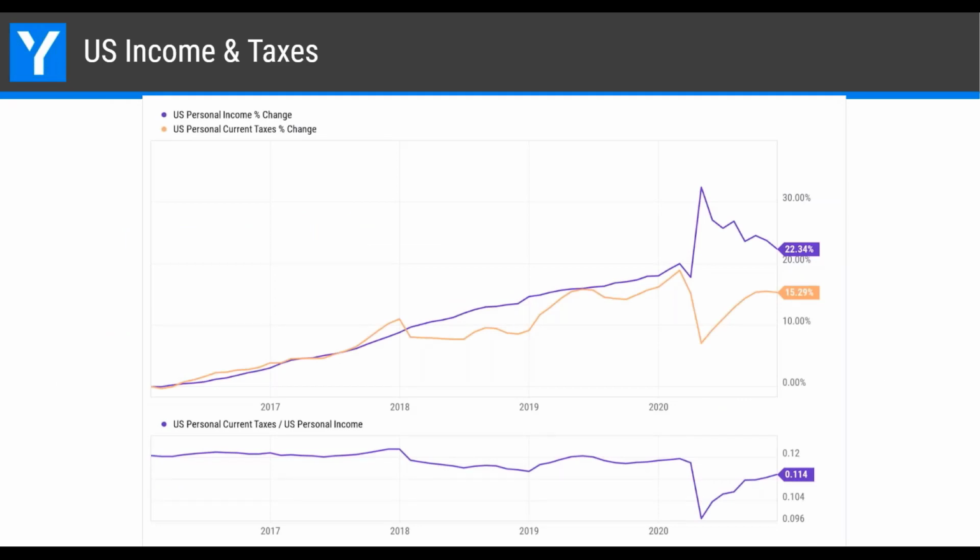And Alison, you're going to tell us what we're seeing on US income and taxes. Yes, so this chart is showing that personal income and taxes have been growing steadily, pretty much in tandem, until this past year, of course. We see a slight dip in both right after March, but personal income rises again.